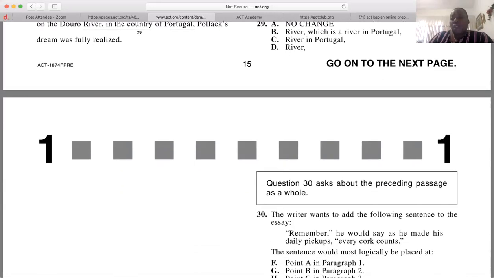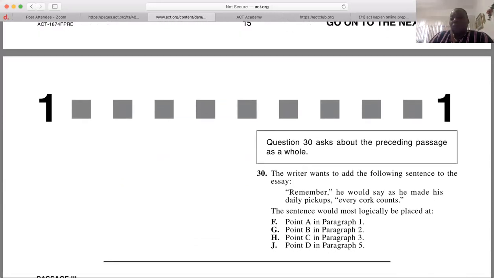I'm going to move to question 30 because this is one of the other types of questions that you would see. Question 30 asks a question about the preceding passage as a whole. It says the writer wants to add the following sentence to the essay: "Remember, he would say as he made his daily pickups, every quart counts." The sentence would be most logically placed at one point.